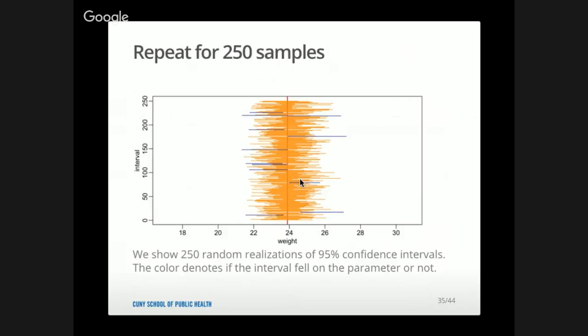We count these: 1, 2, 3, 4, 5, 6, 7, 8, 9, 10, 11. That's about right. Right, because we expect 5% of them not to overlap with the true value. So 5% of 250 is 12 or 13. So these are pretty good confidence intervals.